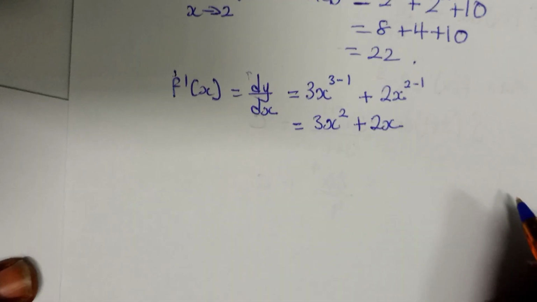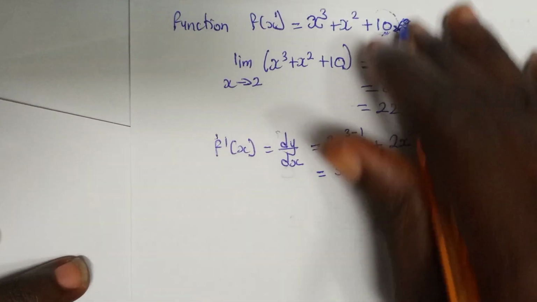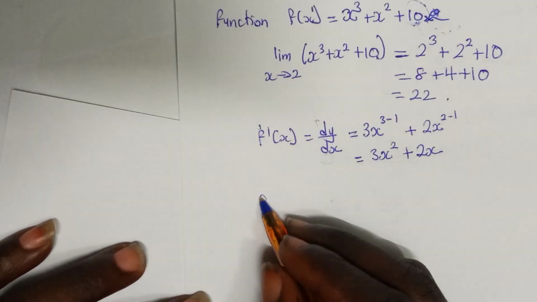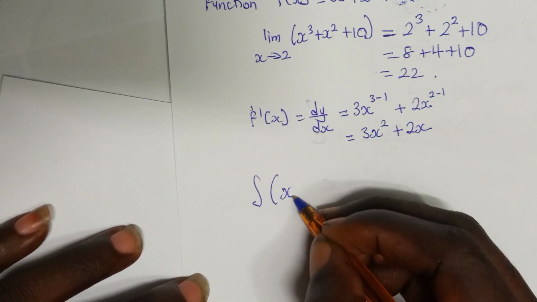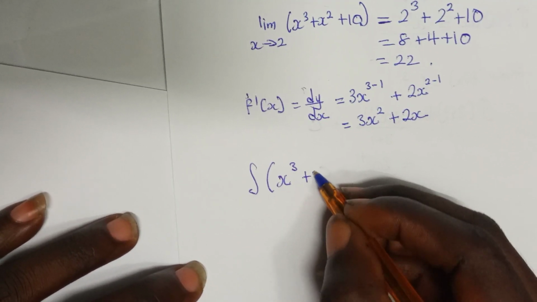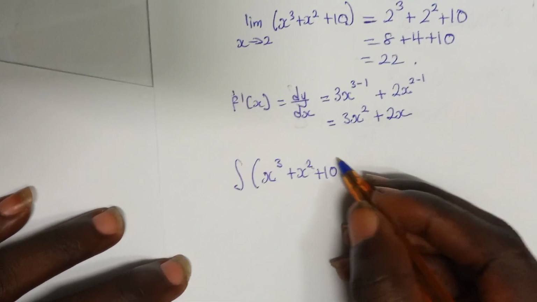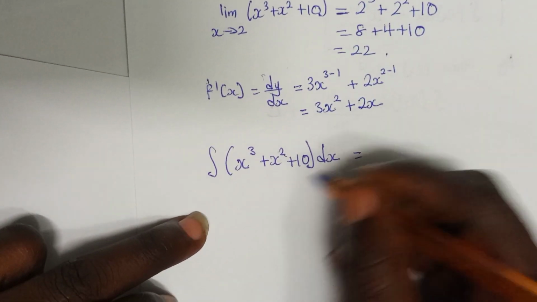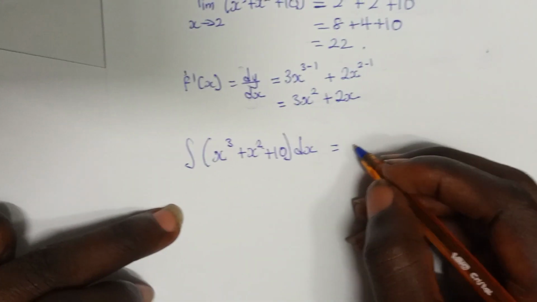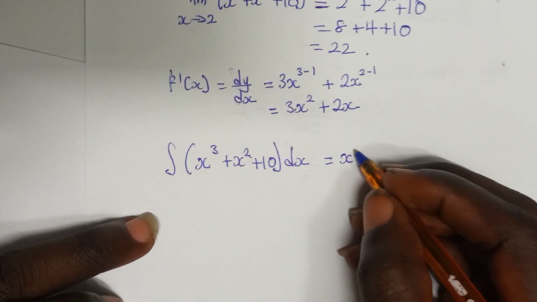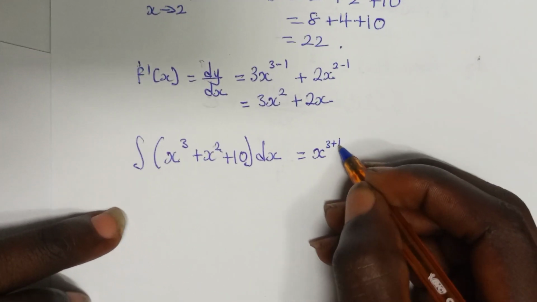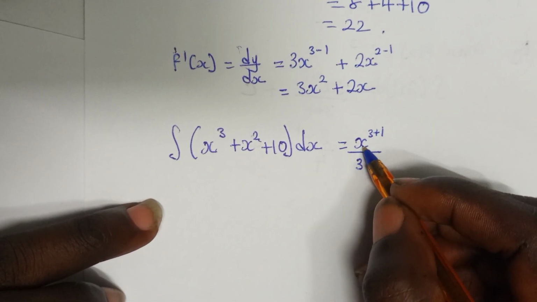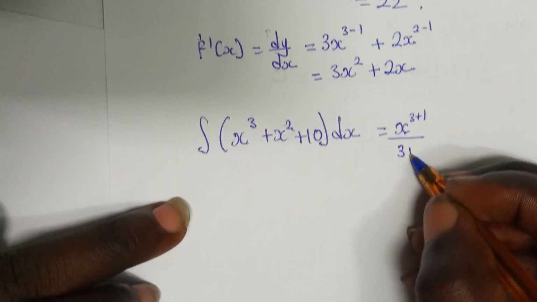Okay, let's find the integration or integral of f of x. So we are going to get the integral of x cubed plus x squared plus 10 dx, which is equal to, per the formula, x raised to the power 3 plus 1, then we divide the expression by the exponent, 3 plus 1.